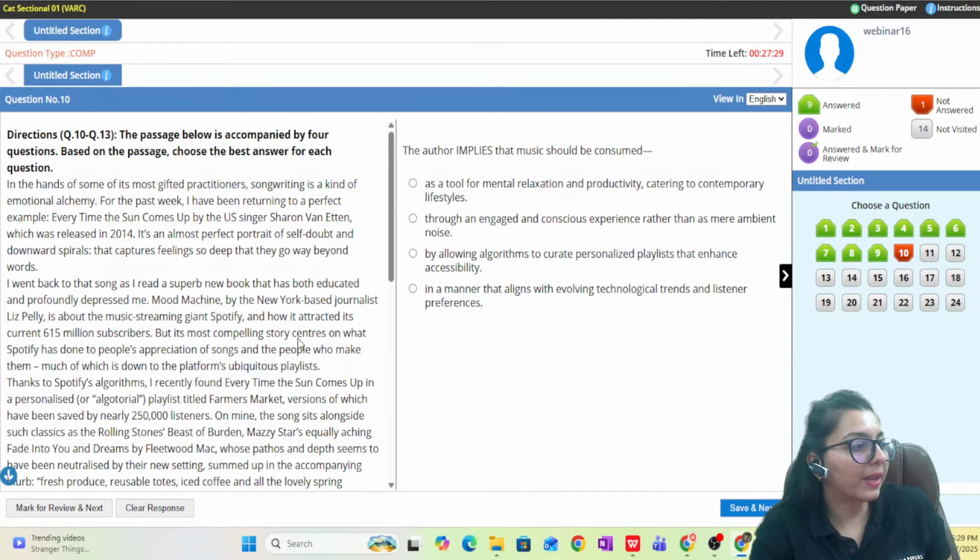But its most compelling story centers on what Spotify has done to audiences' appreciation of songs and the people who make them, much of which is down at the platform's ubiquitous playlist. Thanks to Spotify's algorithm, I recently found every time the sun comes up in the personalized playlist titled Farmers Market, versions of which have been saved by nearly 250,000 listeners.